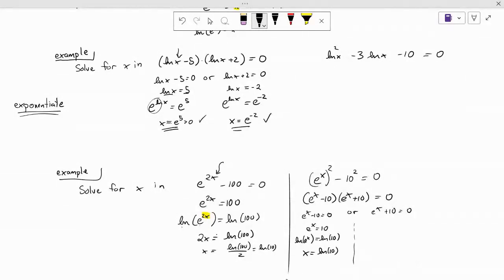But for the other case, we get e to the x equals negative 10, which, yeah, okay. You see the problem there, right? That would give us an extraneous solution. This is not defined, not possible. You can't take the log of a negative number. So we still get the same solution as before.